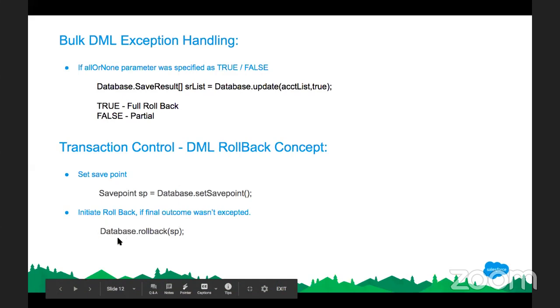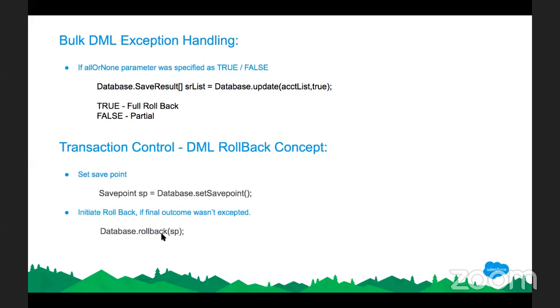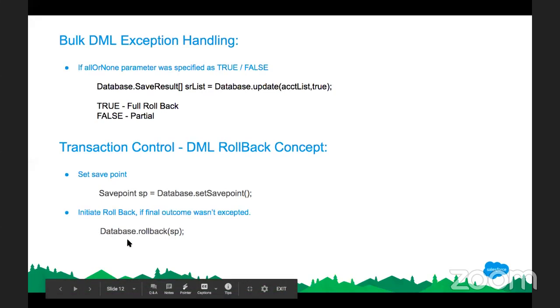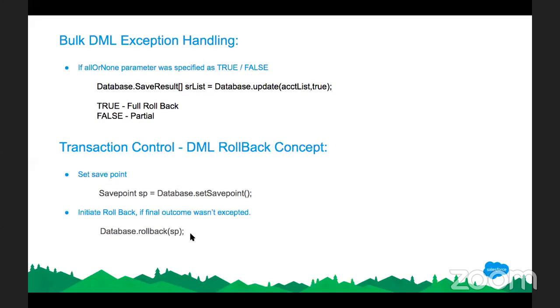This is also one of the Database methods, Database.rollback. When you call this method at the time of failure, the entire transaction is reverted, which means whatever you have inserted in your Apex code after the savepoint will be reverted, and no records will be inserted in your database.